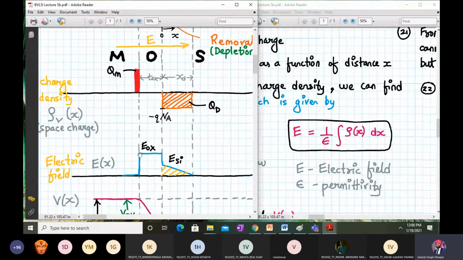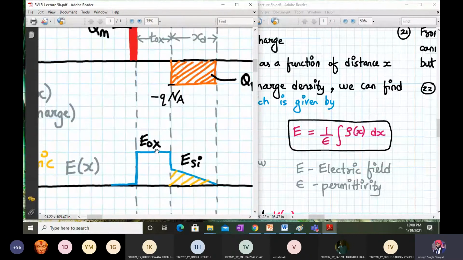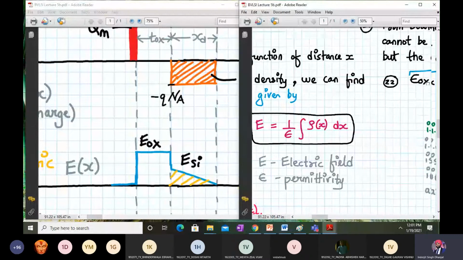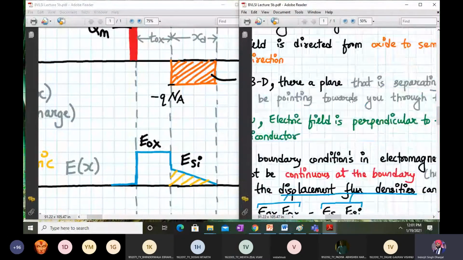Now remember that the electric field will be constant throughout the oxide layer. This E_ox is the electric field in the oxide layer. As we come to the edge of the silicon dioxide interface, the electric field will be discontinuous because of the boundary conditions. What are the boundary conditions?